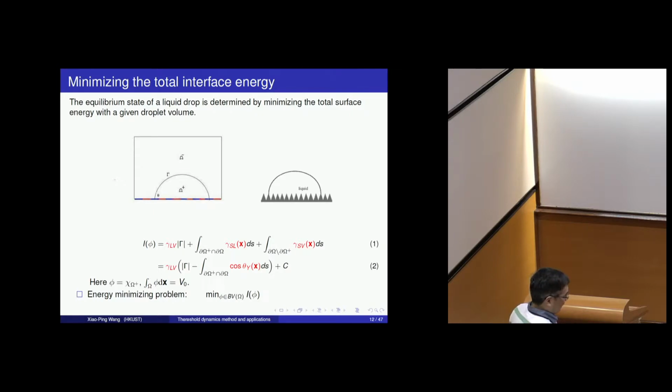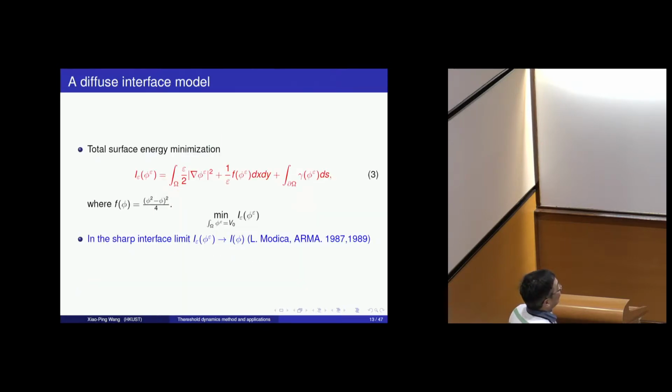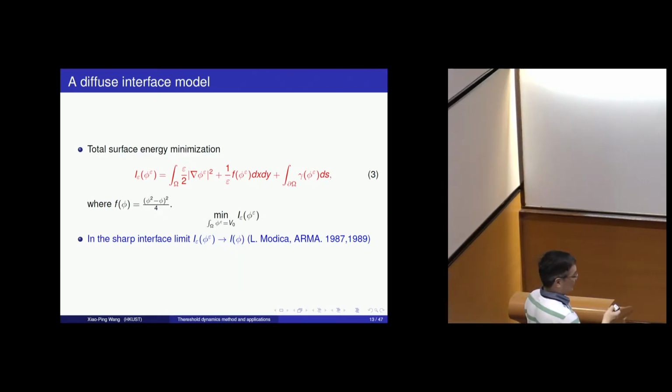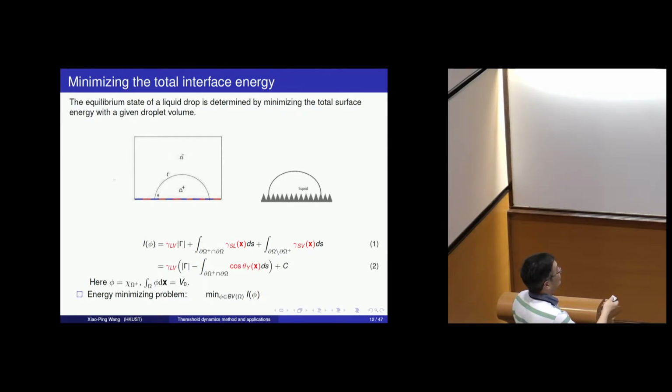Of course, you can also use a diffusive interface model, by using this Allen-Cahn free energy plus the surface energy. And then you can show that when epsilon goes to 0, this also converges to the interface energy that we described here.